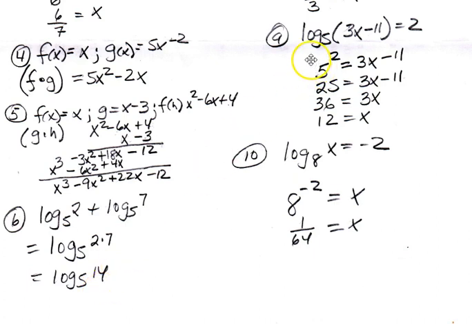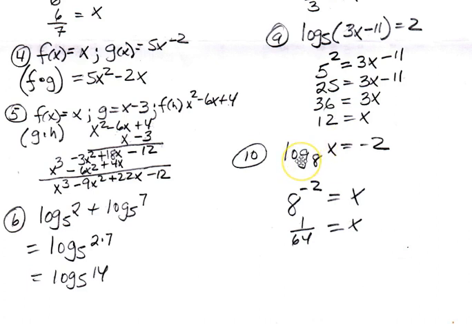Now, for this one, we're converting it from its log form to its exponential form. Our base is 5. Our exponent is 2. And our answer is 3x minus 11. So we square the 5, get 25, and we have a simple equation. X is 12.